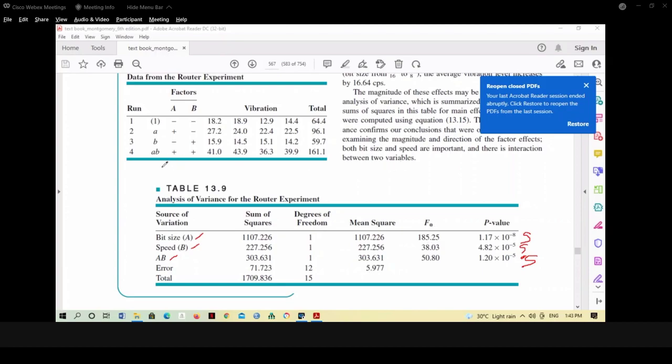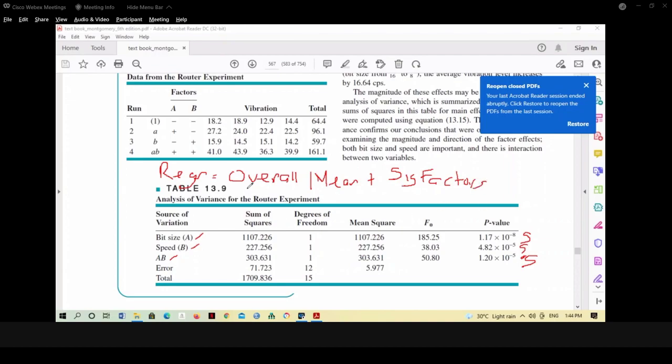The regression model, in general expression, is equal to the overall mean plus the significant factors. In this particular example, all are significant.